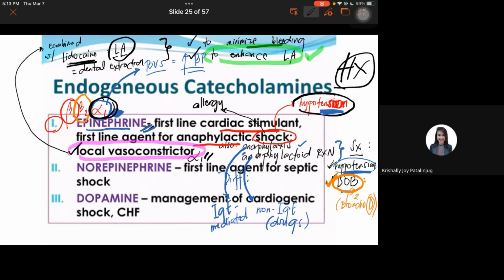So lidocaine ra gyud ang ilahang gina-parenterally inject on that gums, okay? Ngayon, na-observe nila nga sa mga pasyente nila biskan nag-inject na sila og anesthesia, masakitan man gihapon ang patient.